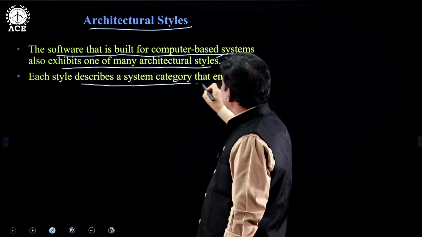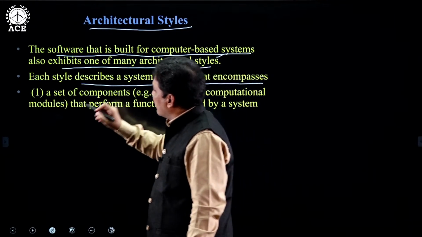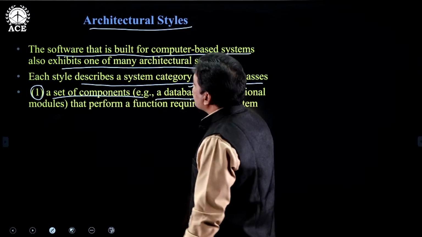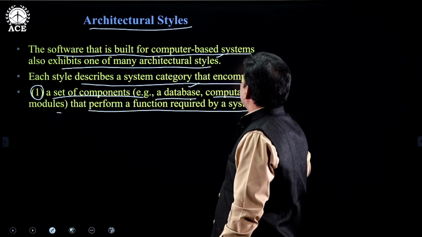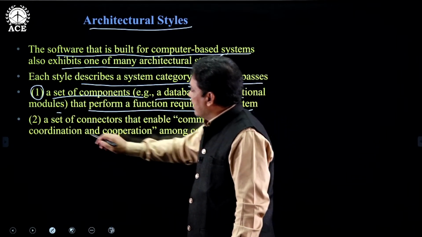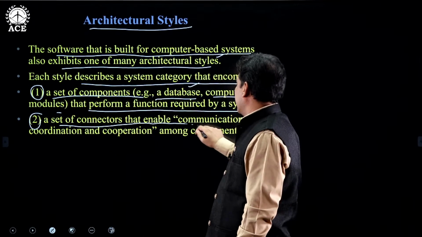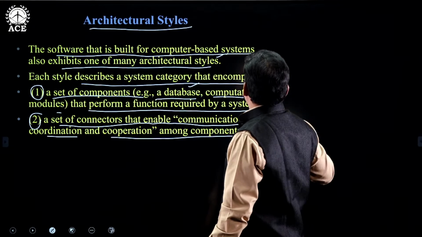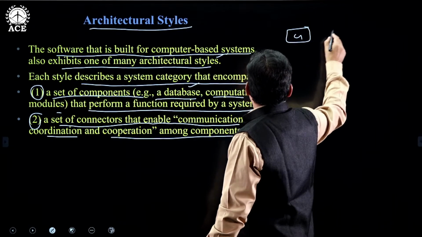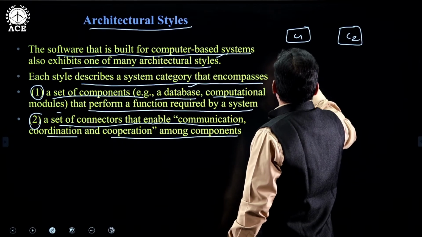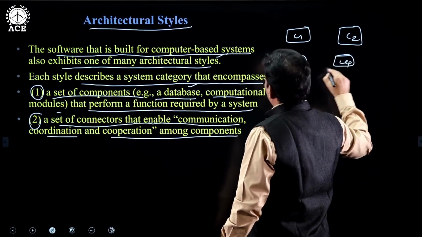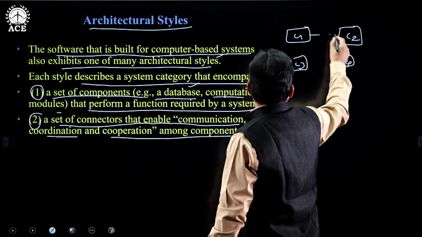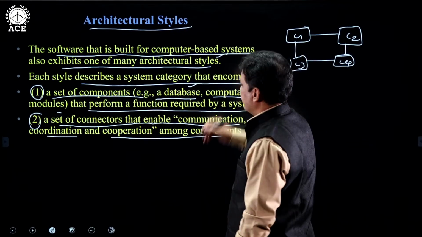Each style describes a system category that encompasses what here? First is a set of components, for example, a database, or computational modules that perform a function required by a system. Then connectors that enable communication, coordination and cooperation among components. Component 1, component 2, component 3, component 4, with communication among these components using interfaces, right?